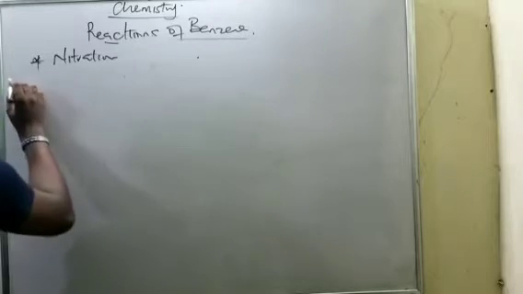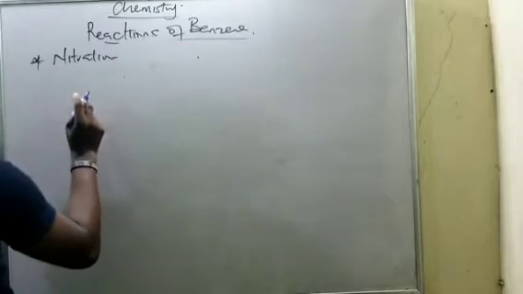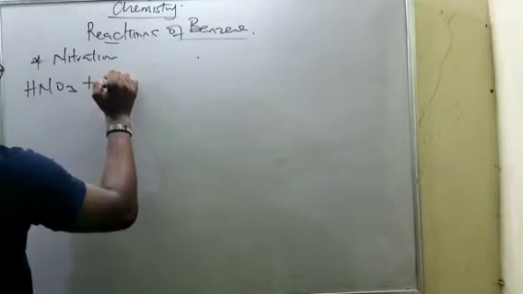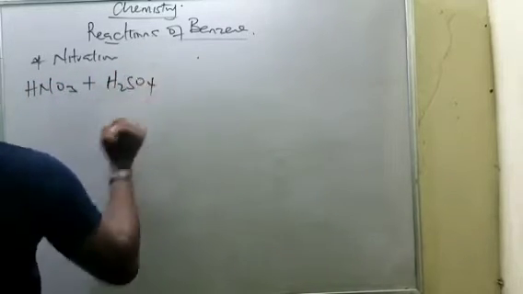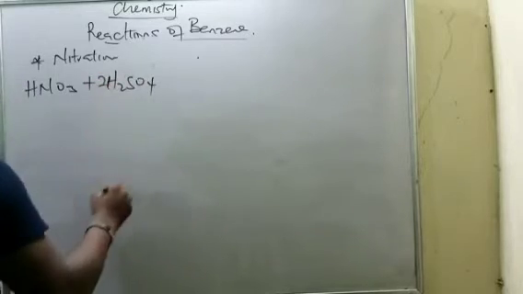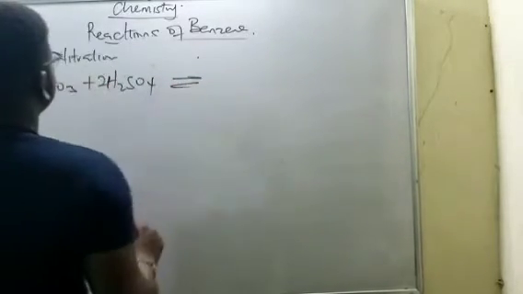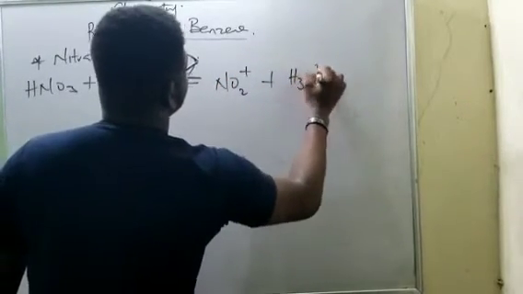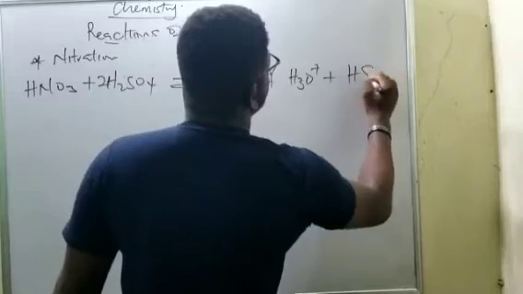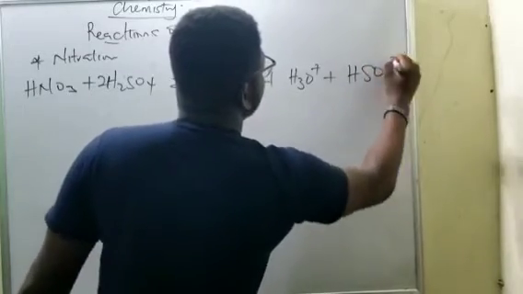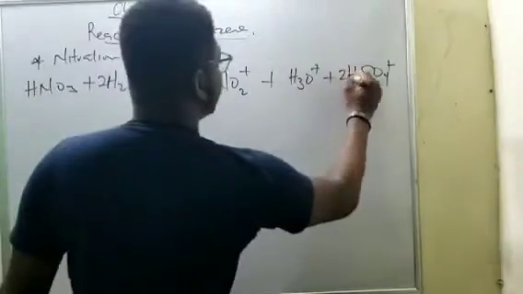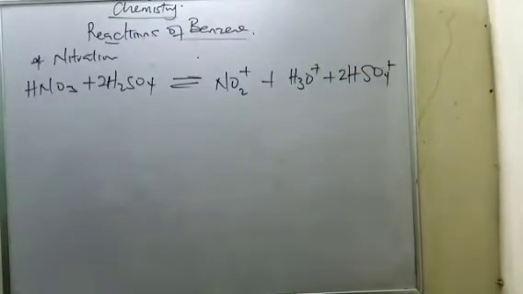So this is the equation for the generation of the nitronium ion. We have HNO3, which is nitric acid, plus H2SO4, the sulfuric acid. We have 2 moles of this. Yes, so I think we have 2 here, which makes it balanced.